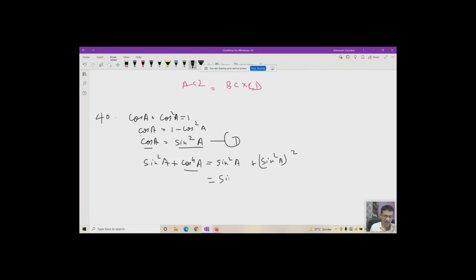So this is sin square A, and sin square A is cos A. The whole raised to 2 is cos square A, and sin square A plus cos square A is equal to 1. So this is from equation 1, and the answer is C, that is 1.